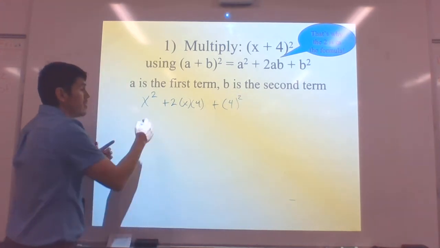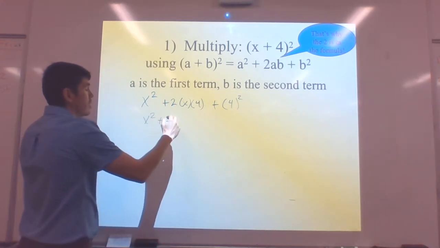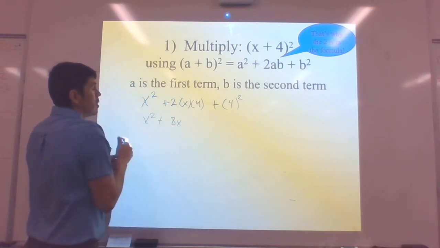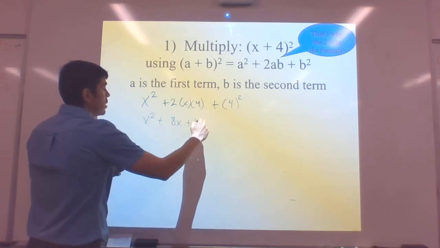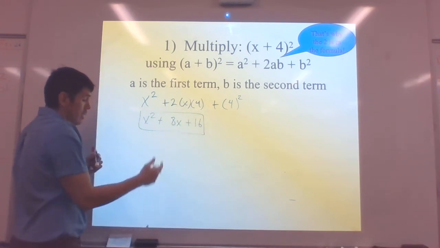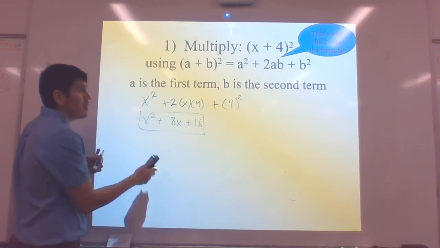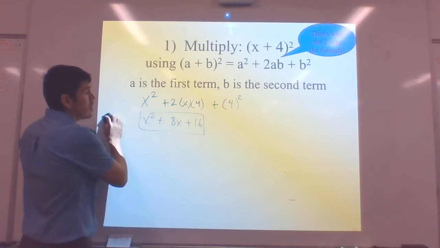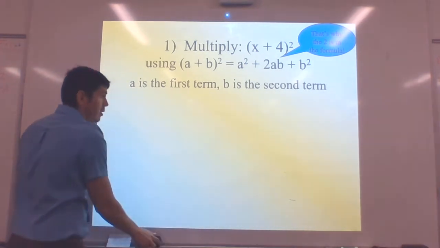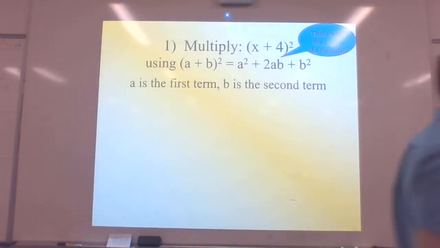So we simplify this, and this turns into x squared plus 8x plus 16. And again, that's just using that rule right there. So you can see maybe it's a little faster, maybe not. Whatever you like doing. I like using the pattern because it gets faster with practice, but either way is fine.